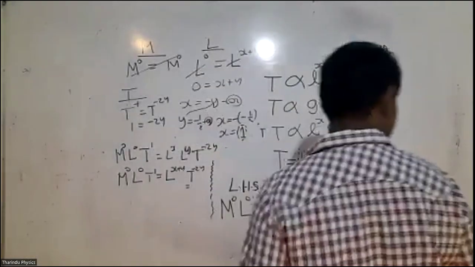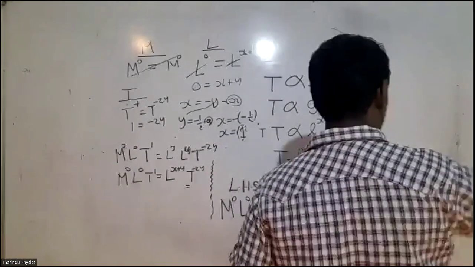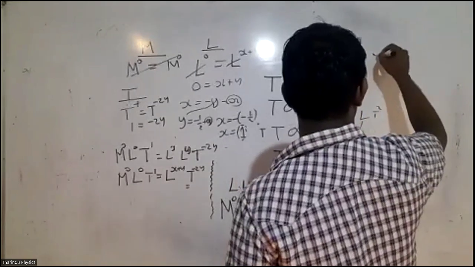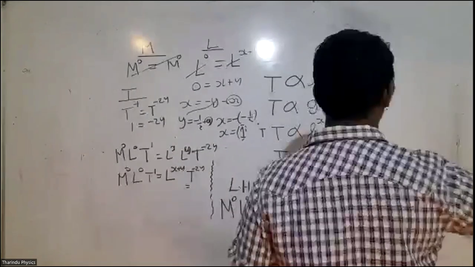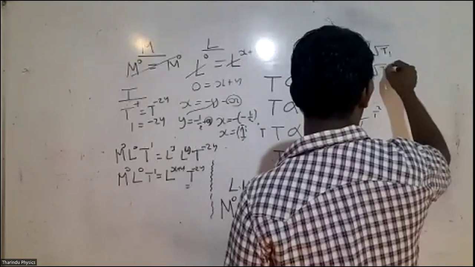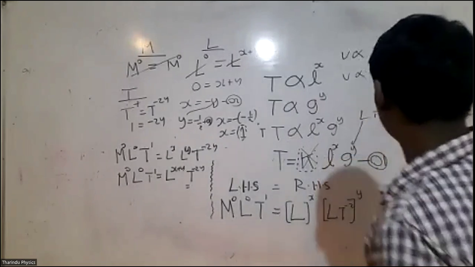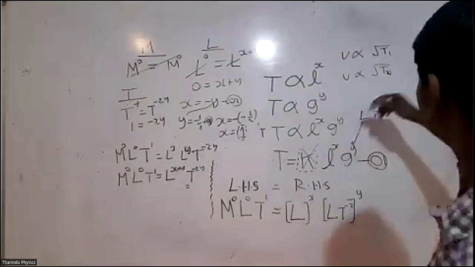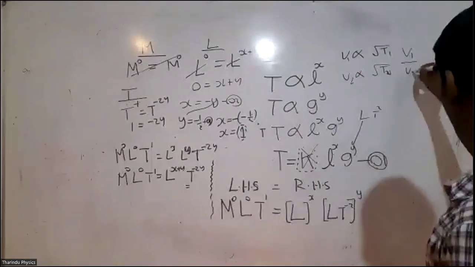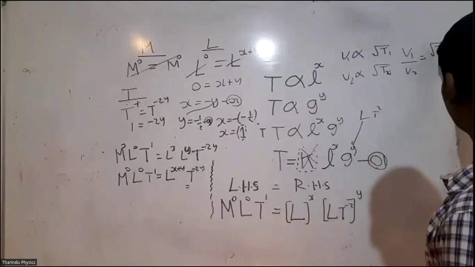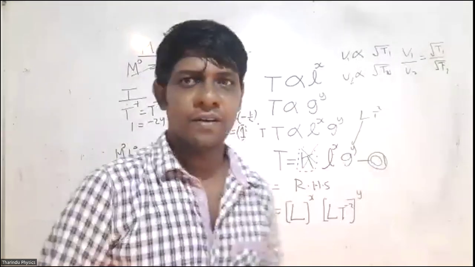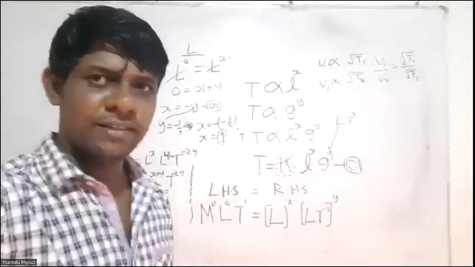The other method is, if you write v is proportional to square root of t1, and v is proportional to square root of t2, you can divide both the equations together. It is like v1 over v2 equals root t1 over root t2. Like that. Okay?